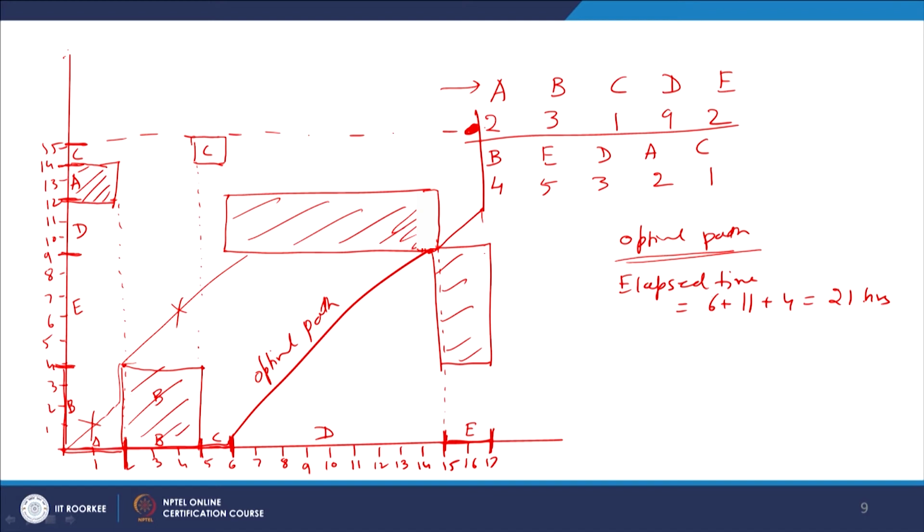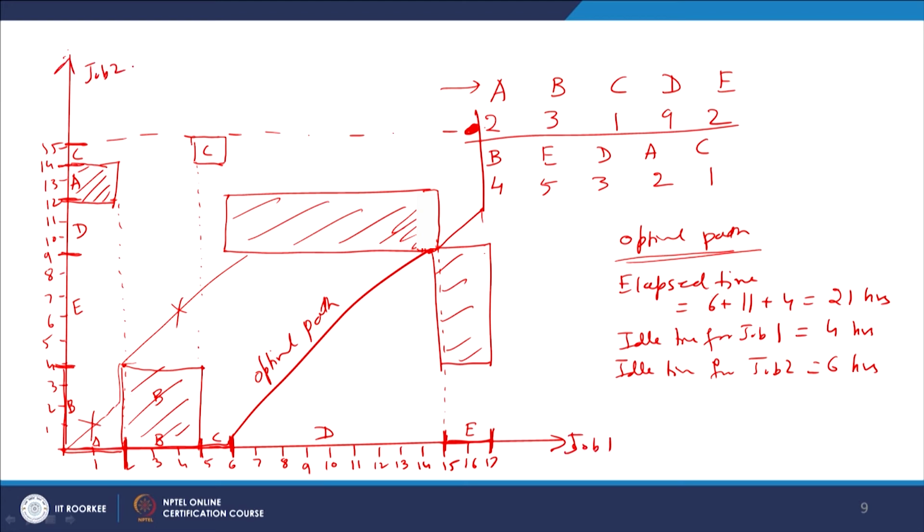And the idle time for job 1 is 4 hours, and the idle time for job 2 is 6 hours. This is job 1 and this is job 2. So, like this we have got the optimal path.